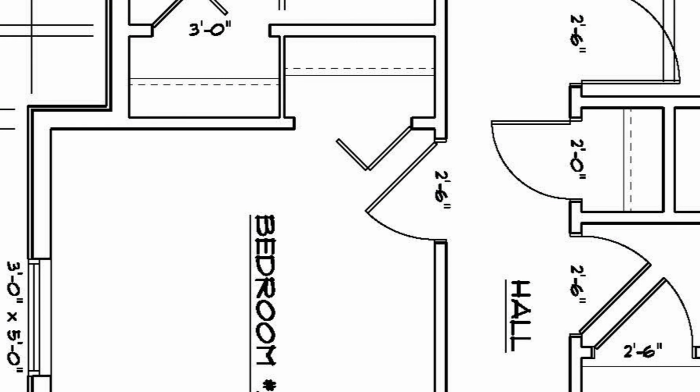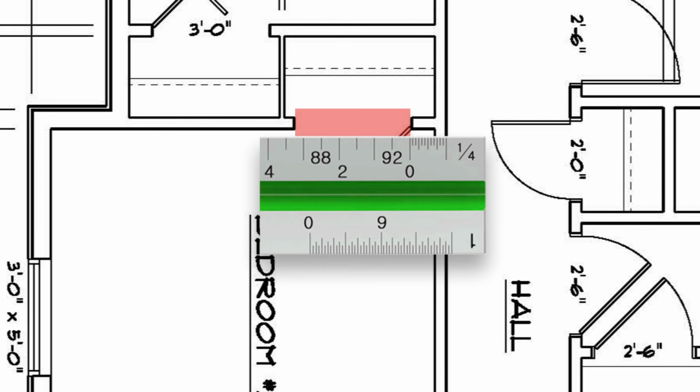Now let's demonstrate some measurements, beginning with the 1/4 inch scale. We'll measure the area highlighted on the screen. When you measure with an architect scale, you begin by aligning the starting point for your measurement with the 0 mark on your scale. Next, take note of the number of whole feet in the section being measured. In this case, 3 feet. Since the section being measured extends beyond 3 feet, you now must measure the additional inches to determine the total length.